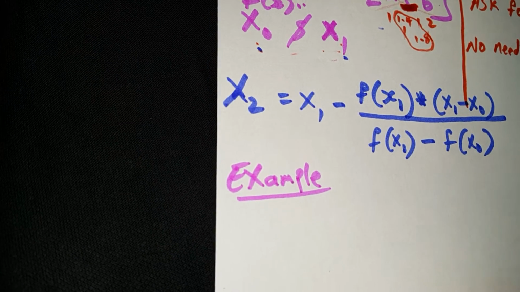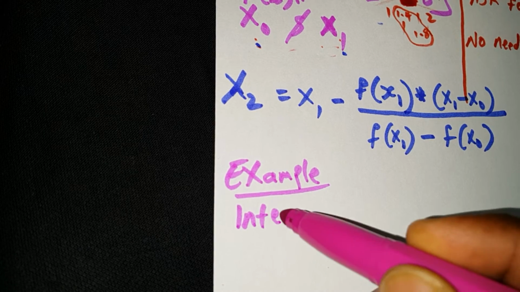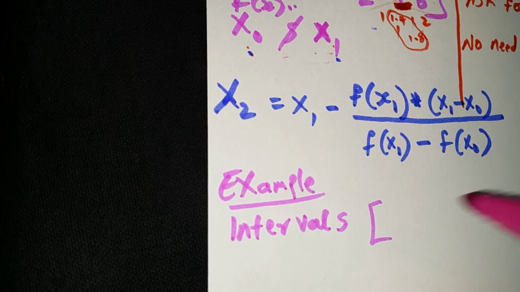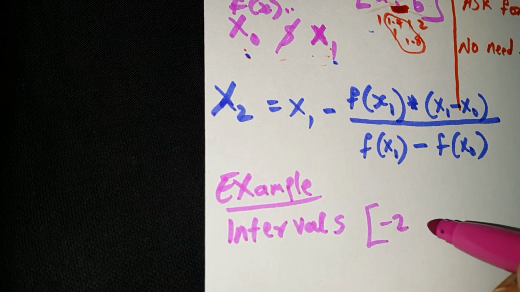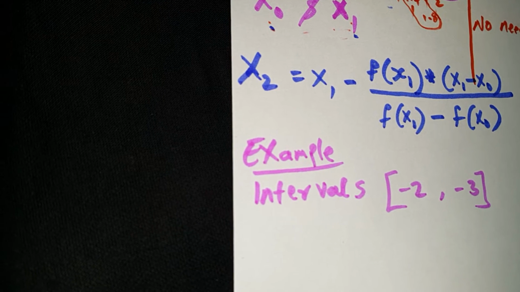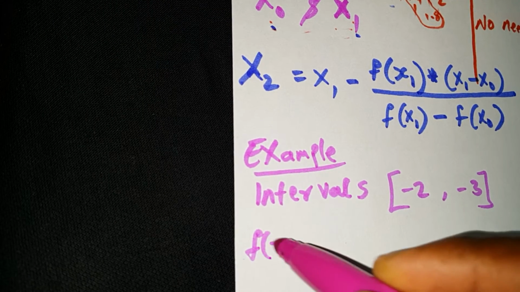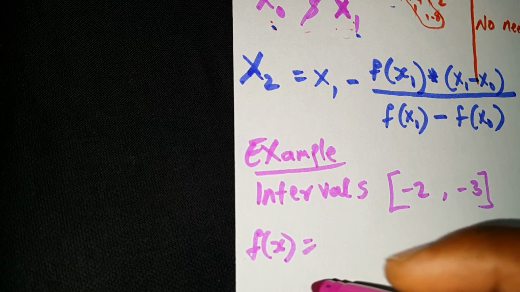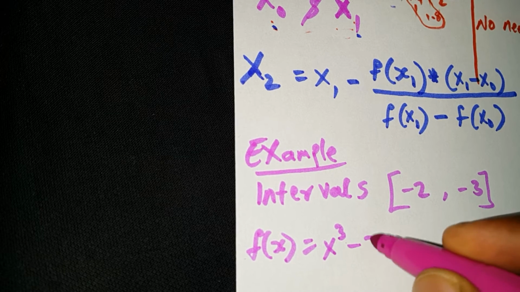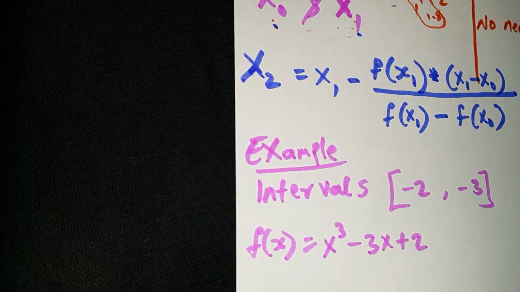Now in our example, we were given the interval as -2 and -3. This is our interval, and we were given the function. Our function here is x cubed minus 3x plus 2.